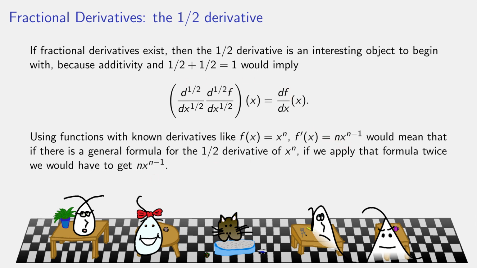So one way that might happen, for example, is suppose that the half derivative of x to the n is something times x to the, now when I take a whole derivative of x, the power goes down by 1. So if I take the half derivative of a power of x, maybe the power goes down by a half. Well, now what happens if I take another half derivative of that? Some constant here times x to the n minus 1/2.